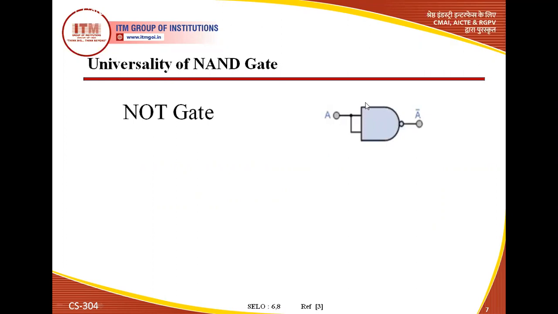So at that time the NAND gate is working here as a NOT gate. If we provide a common input at this terminal, it means that both inputs are common. It means that we are providing only A, so at that time we get A bar.